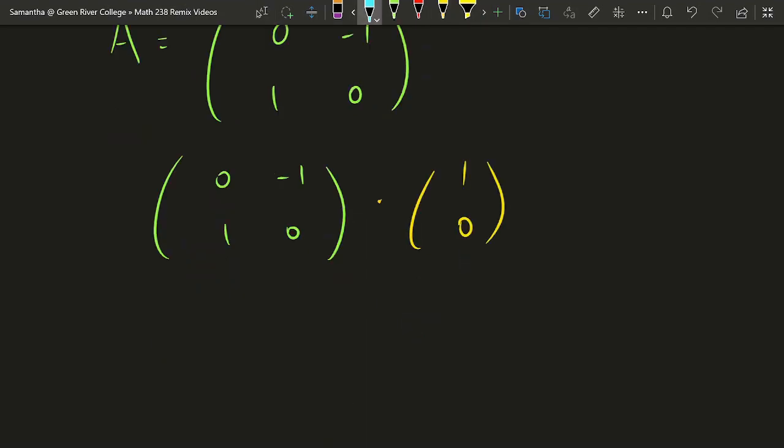If I calculate this product, then the top entry would be 0 times 1 plus negative 1 times 0, so 0 plus 0 would give me 0 in the top entry. The bottom entry would be 1 times 1 plus 0 times 0, so 1 plus 0 would be 1 for the second entry.